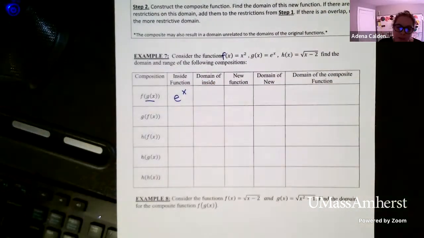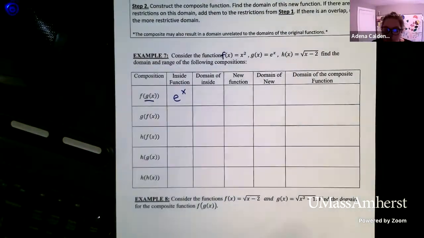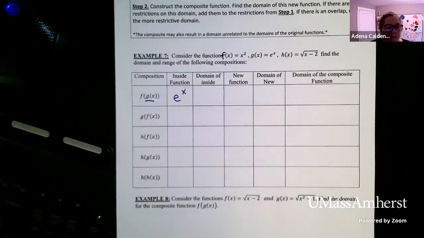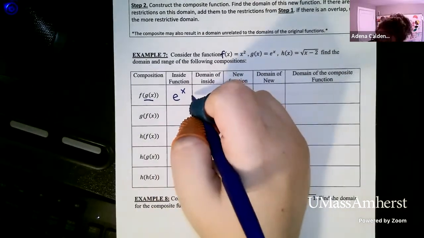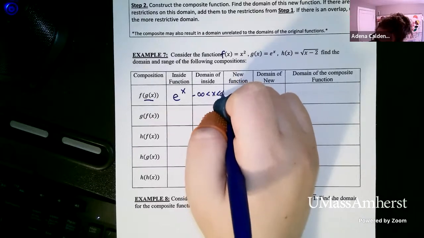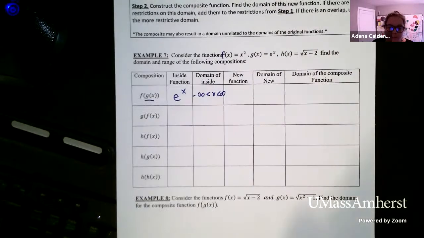What is the domain of e to the x? Well, e to the x, you can plug anything into. There's no restriction. You can plug in positive numbers. You can plug in negative numbers. You can plug in 0. E to the x is fine for all of those. So the domain for the inside function is just x from negative infinity to infinity. We can plug in whatever we want, okay?